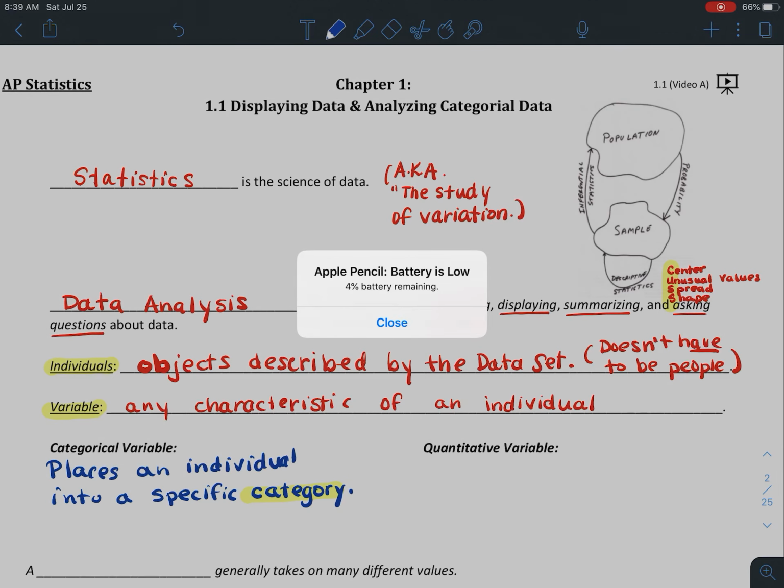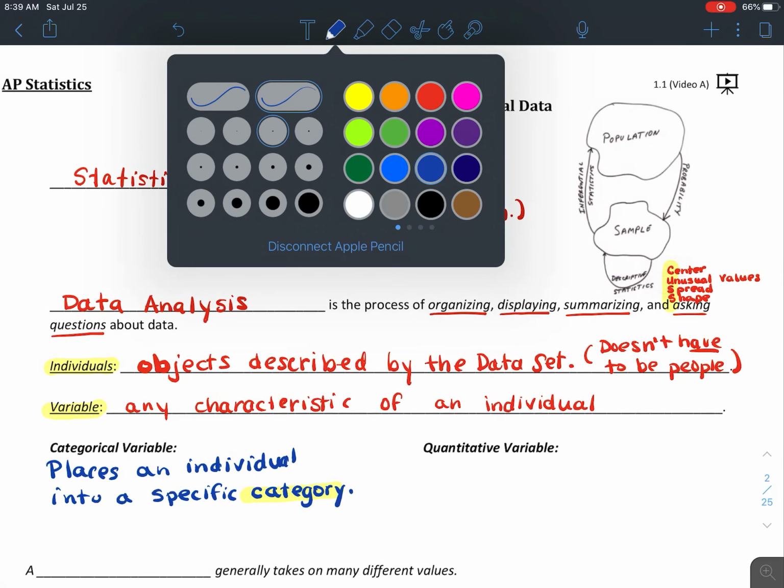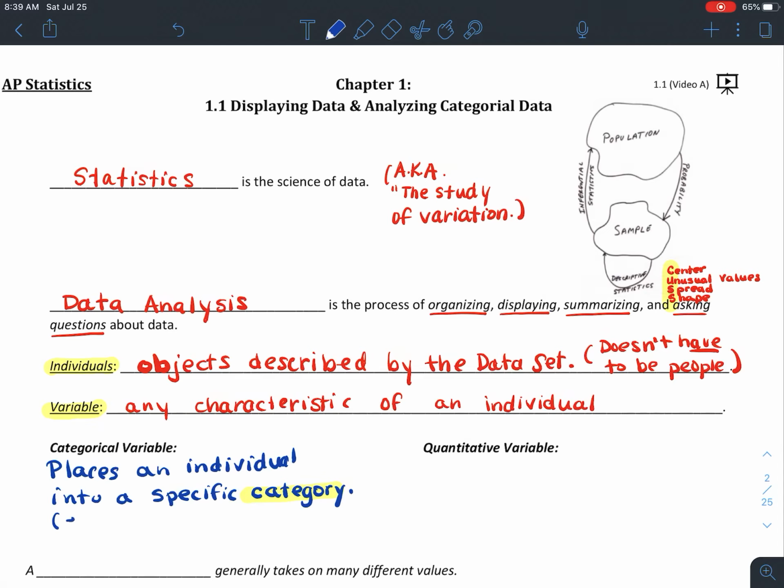An example might be colors, maybe car models, maybe categorizing the size of a drink as being, say, small, medium, or large, okay?